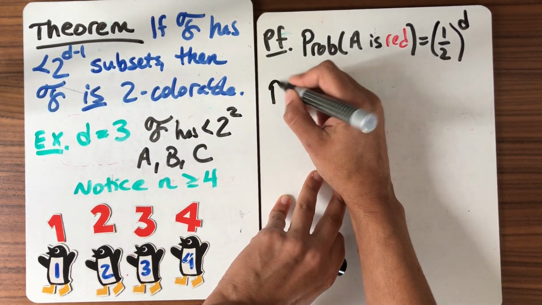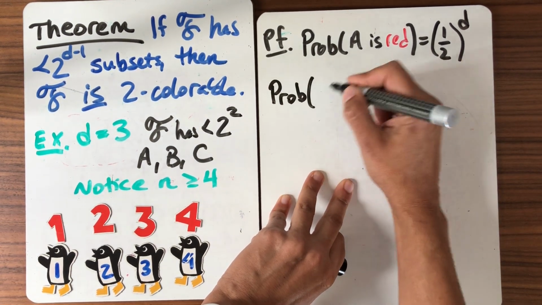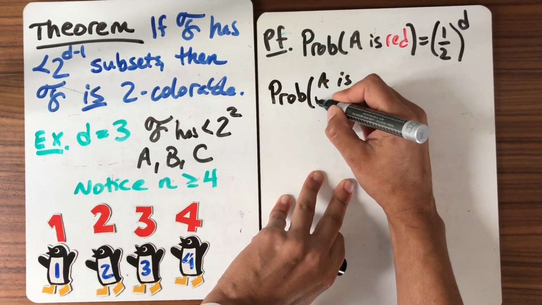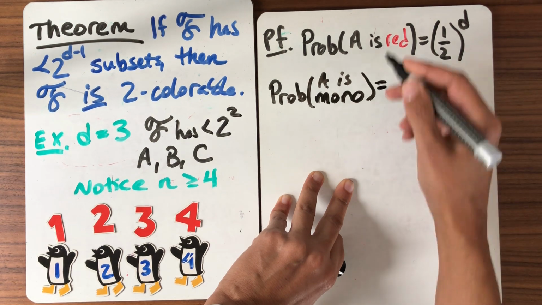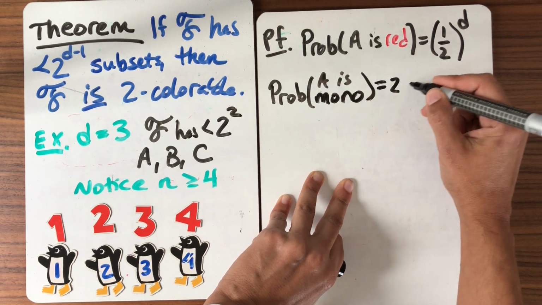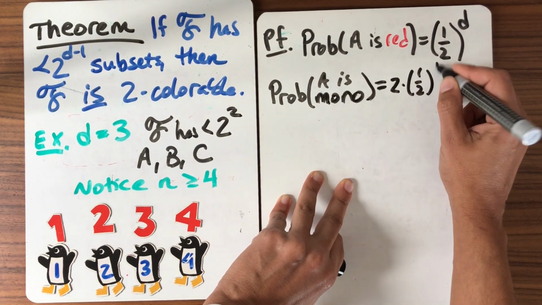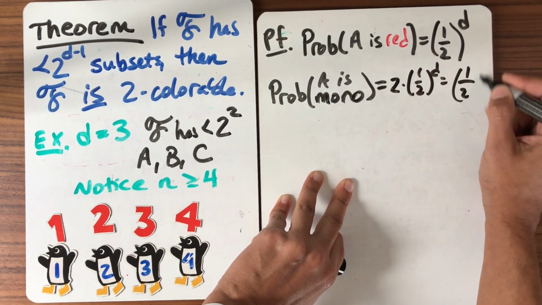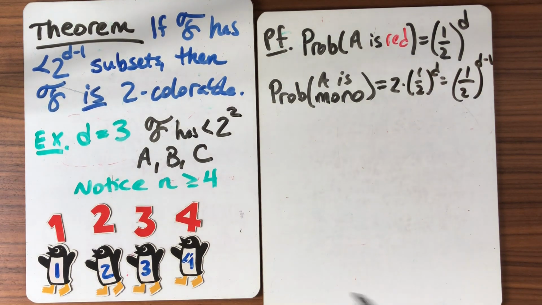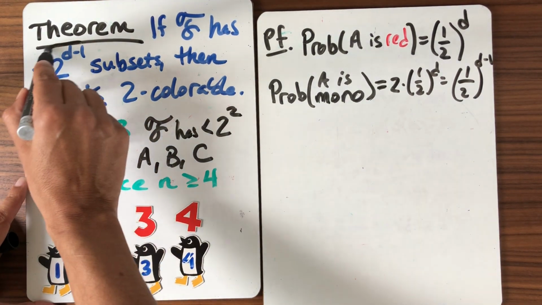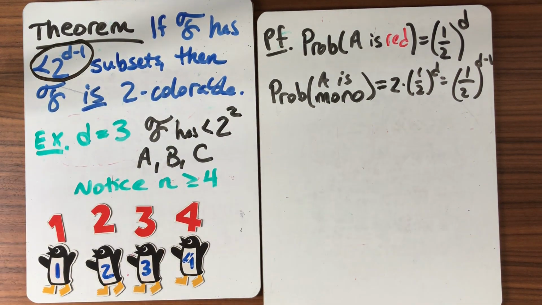So that means that the probability that A is monochromatic, either red or blue, is going to be twice this. So it's 2 times 1/2 to the D, which is 1/2 to the D minus 1.